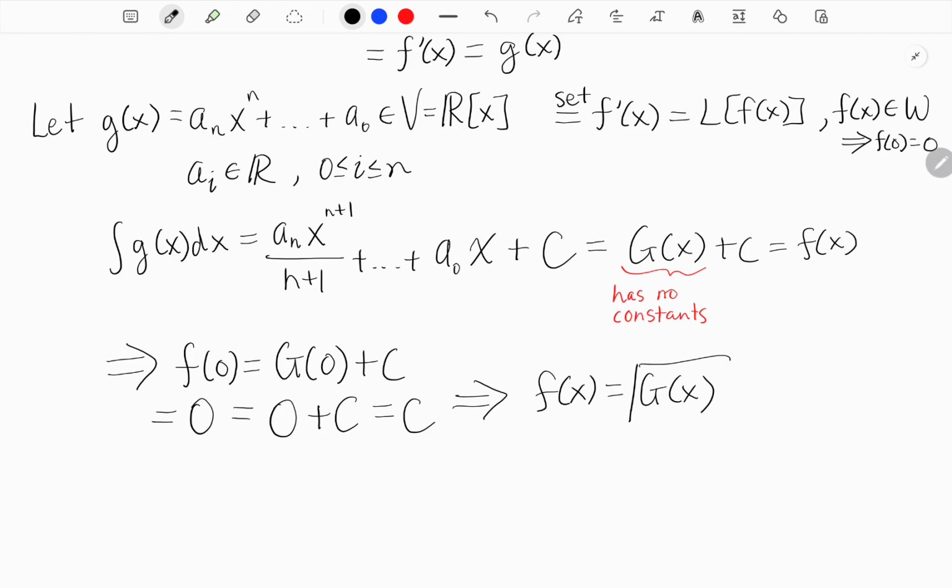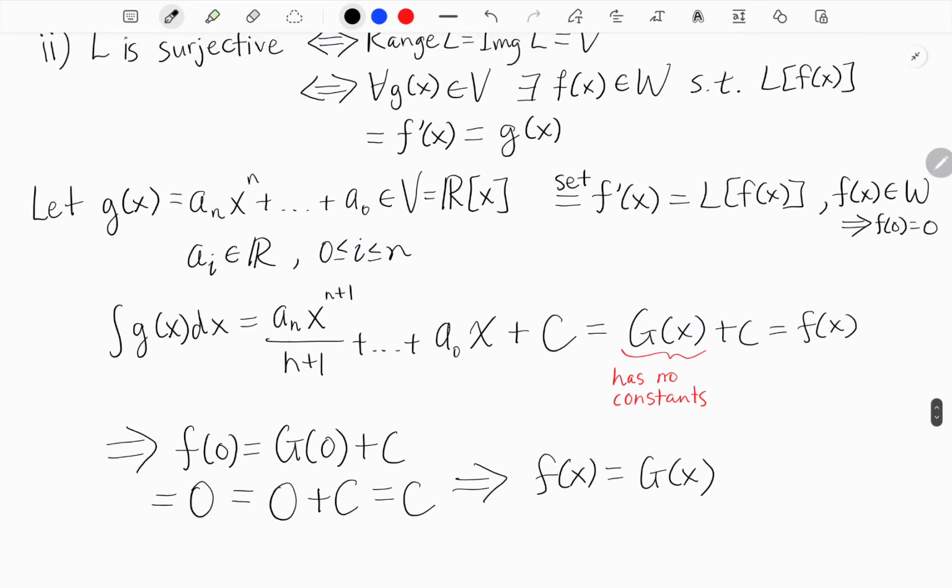Okay, so there I have it. I found it. So yes, there does exist a polynomial, capital G of x. I set that equal to little f of x. This is going to be a polynomial with real coefficients, and then f of 0 is equal to g of 0, which equals 0.